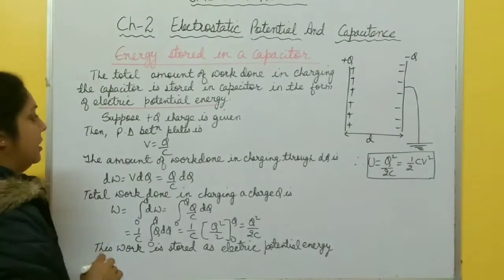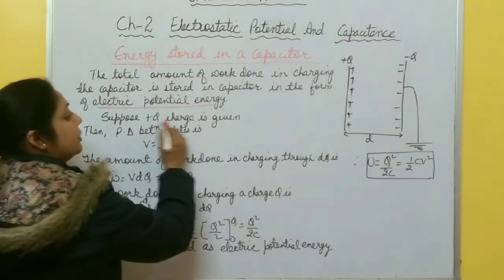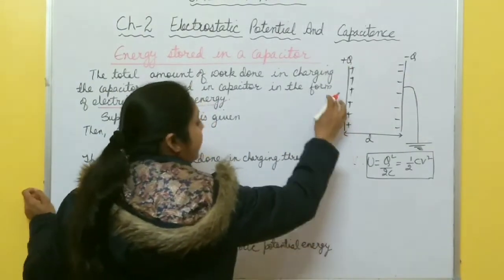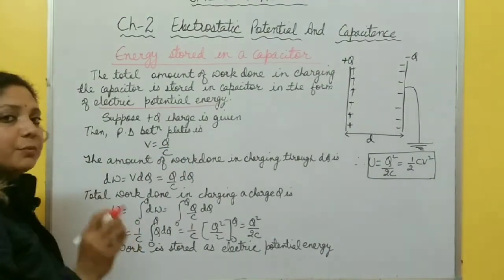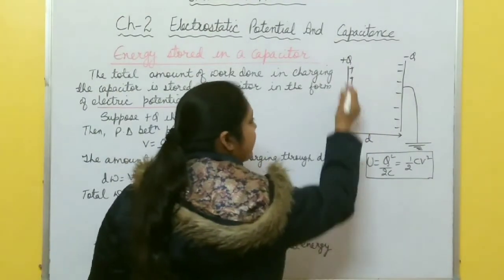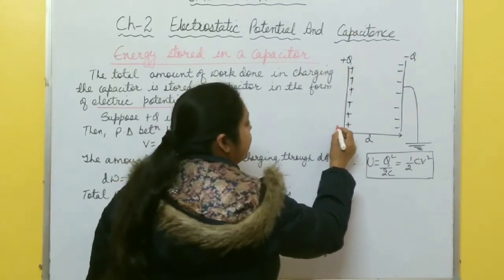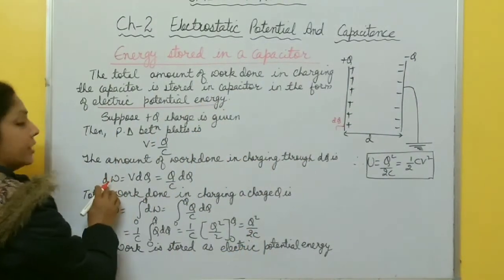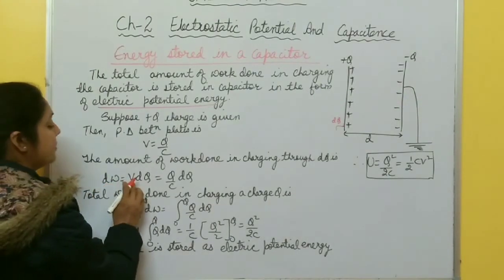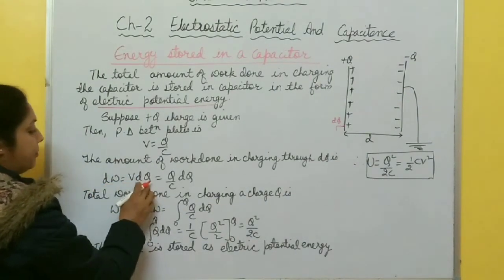The total amount of work done in charging a capacitor is stored in the capacitor in the form of electric potential energy. First, suppose that plus Q charge is given to the plates, so the potential difference between the plates is Q by C. Now suppose initially there is no charge and a small amount of charge dq is given to the plates. A small amount of work done by the charging battery is V dq.